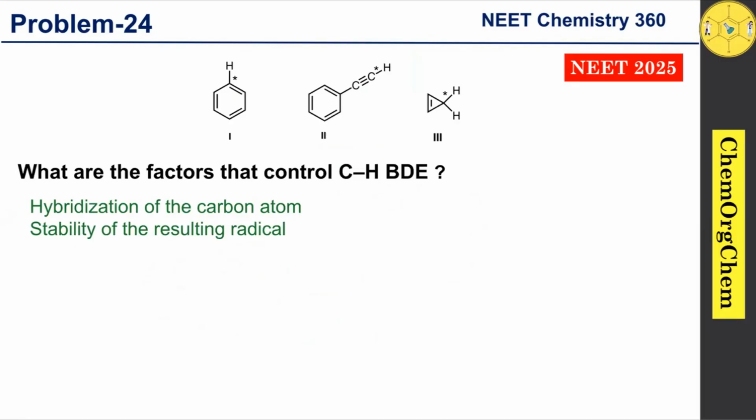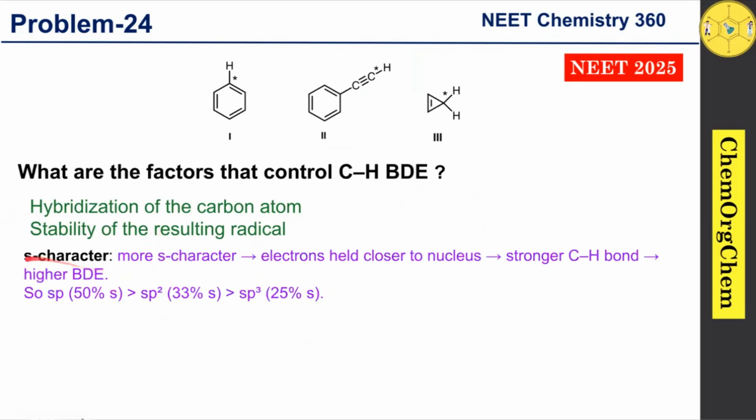First, let's talk about hybridization of the carbon atom, which is based on s character. More s character means that electrons are held closer to the nucleus, so we need more energy to break that CH bond. Therefore we can consider it a stronger CH bond, resulting in higher bond dissociation energy.